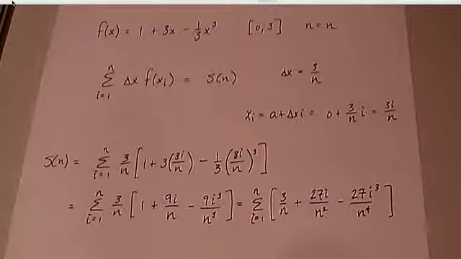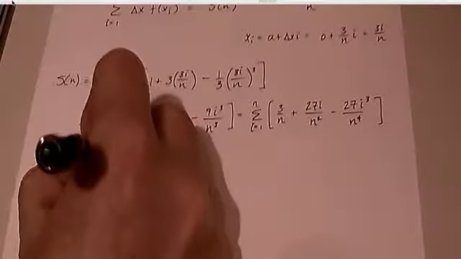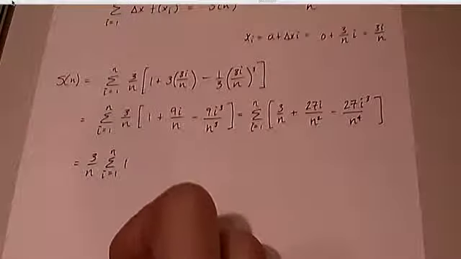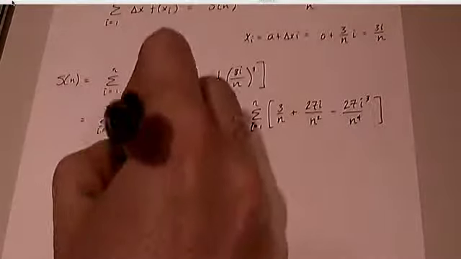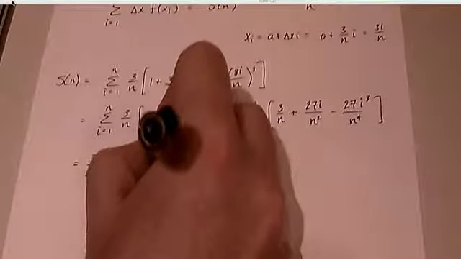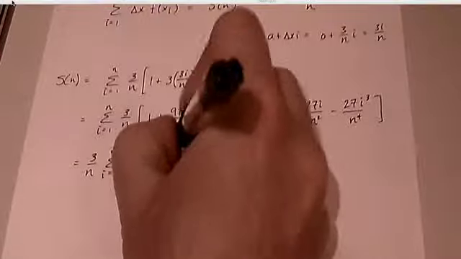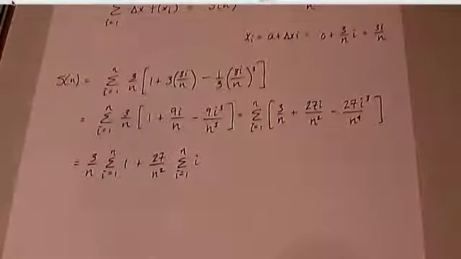Okay? Now, I actually find it always helpful to go ahead and just split it up, like pull everything out that is not an i, okay? Plus 27 over n squared, sigma i is equal to 1 to n for i, okay?